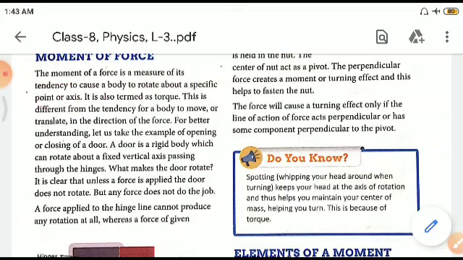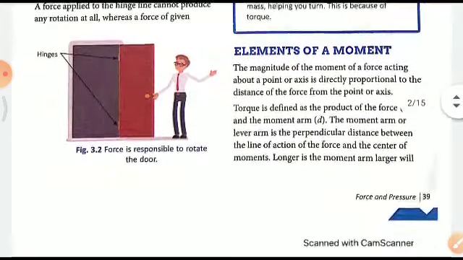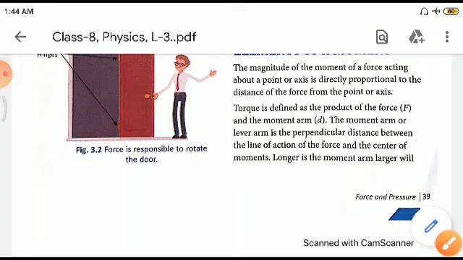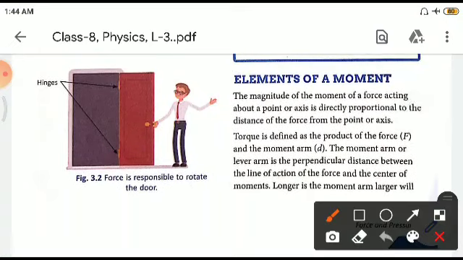For example, a door. It is the part near the handle which moves, and the other side of the door is fixed, right? See, these are called hinges. As you can see here, these points are called the hinges, right? This is one hinge and this is the other hinge, right?